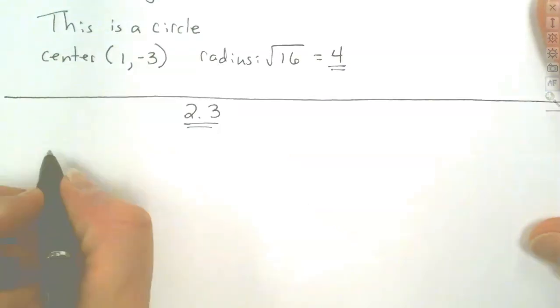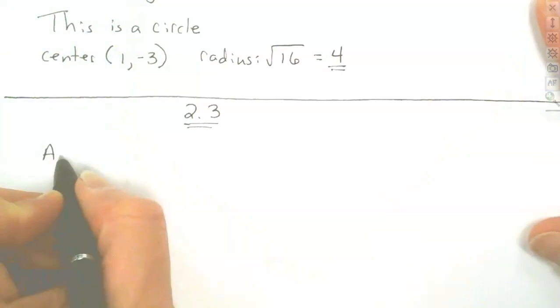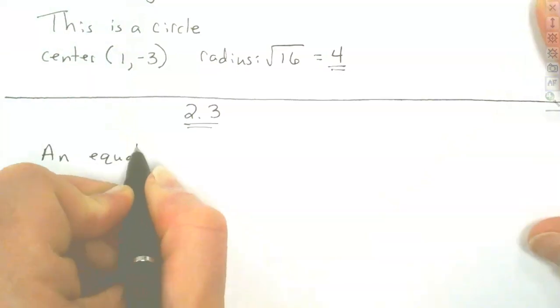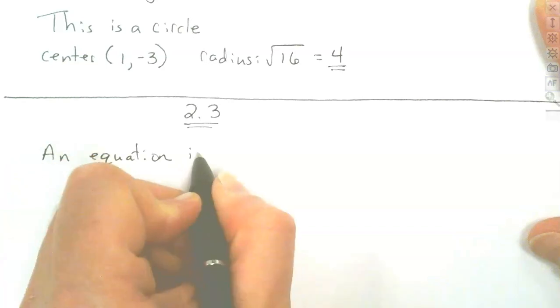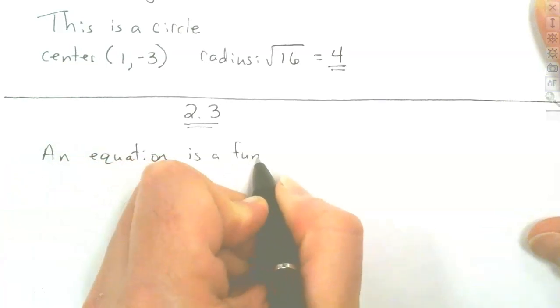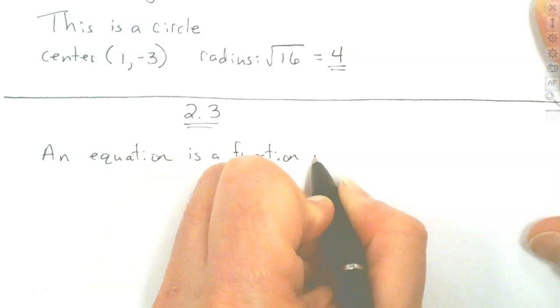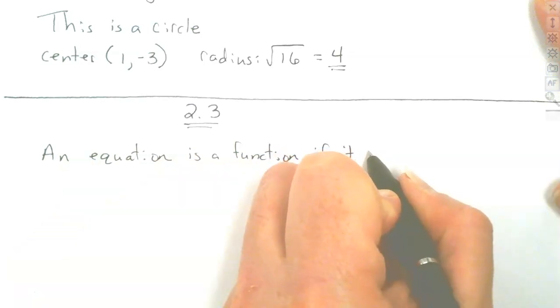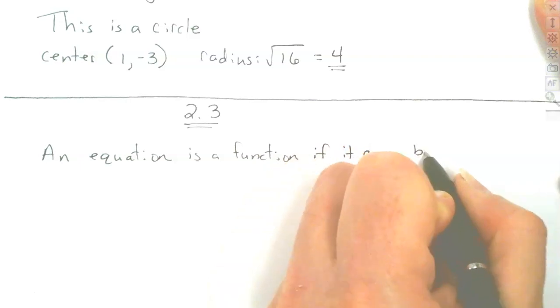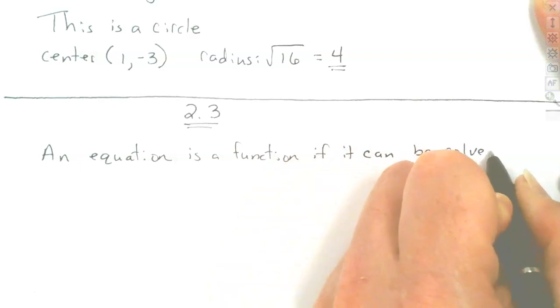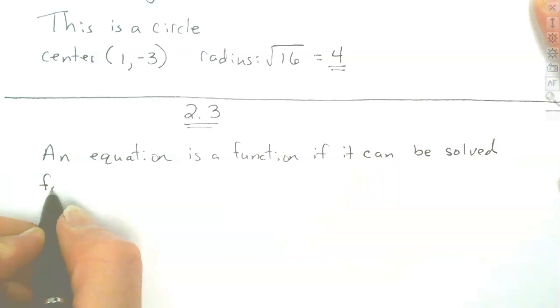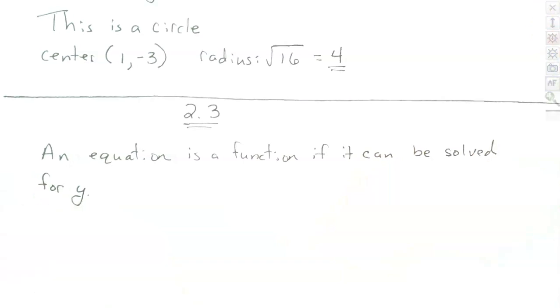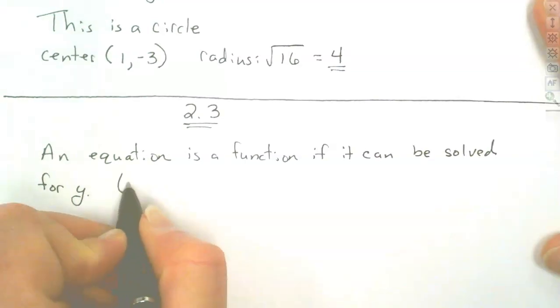So an equation is a function if it can be solved for y. So if you can solve an equation for y, then it's a function. And these are not functions, by the way.